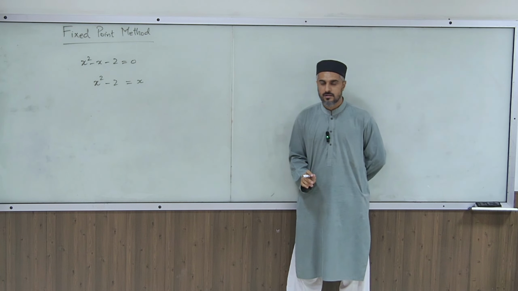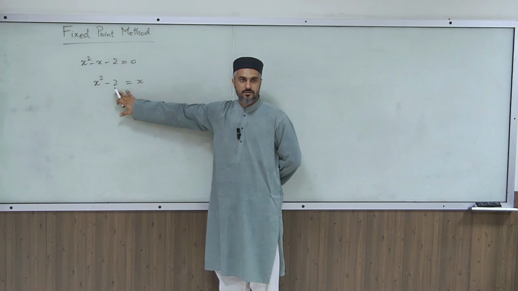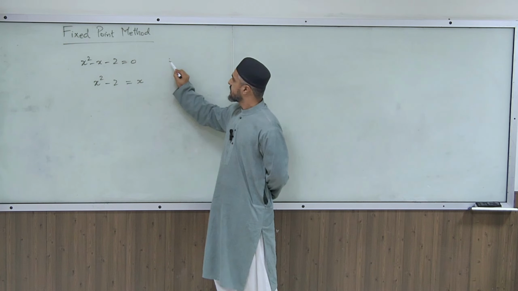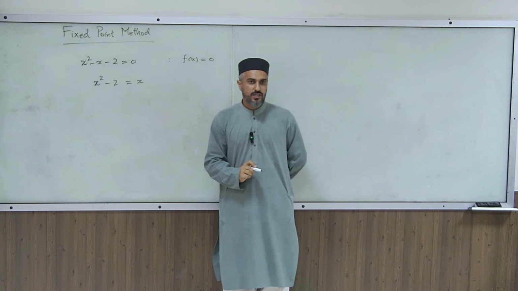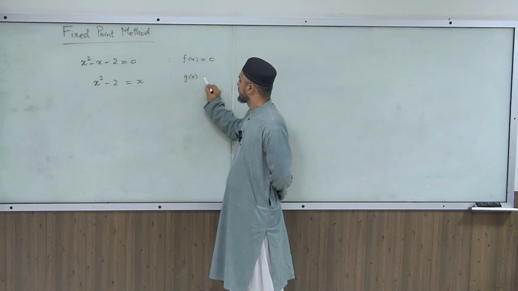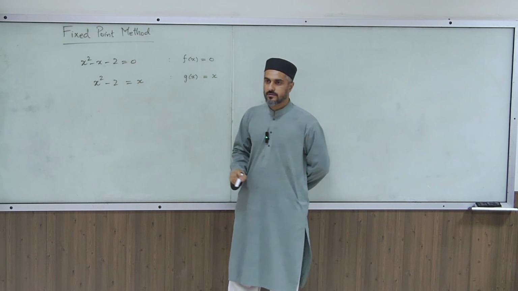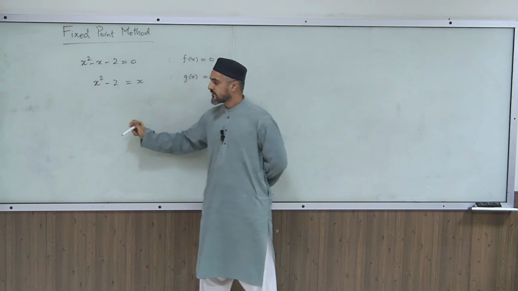Okay, so I can rewrite this equation as this. Try to understand that f of x equals 0 is the equation we have, and let's say this is called g of x, same as x. What is this? This is g of x.